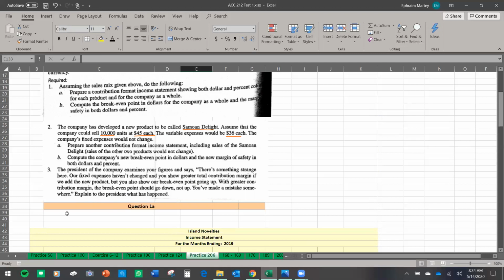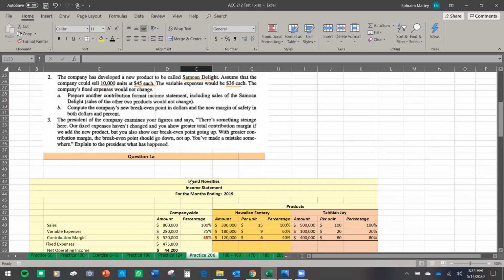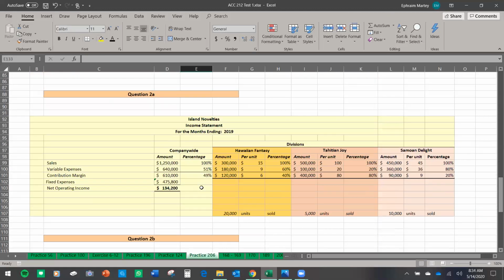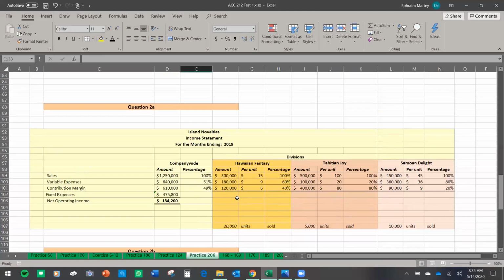With greater contribution margin, the break-even point should go down, not up. So the president is trying to tell you what to do, challenging you now. You have to defend yourself. Why is it that the contribution margin is going up, but the break-even point is also going up? You have made a mistake. Okay, great. So how do we explain this to this manager?